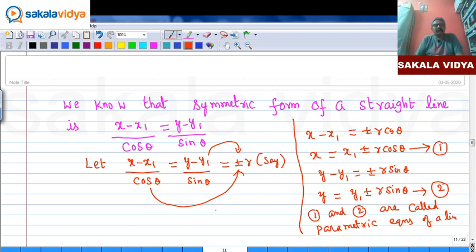So, what is the parameter here? Sorry, r is the parameter. Okay.